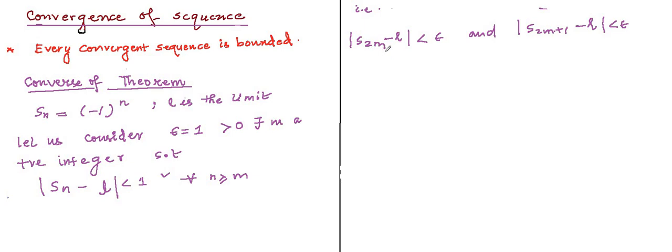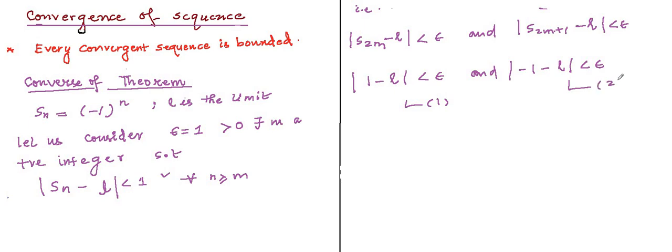Now S2n here is going to give you the value 1, so mod of 1 minus L is less than epsilon, and this is going to give you mod of minus 1 minus L lesser than epsilon. Now look here, this can be considered as equation 1, and this as equation 2.